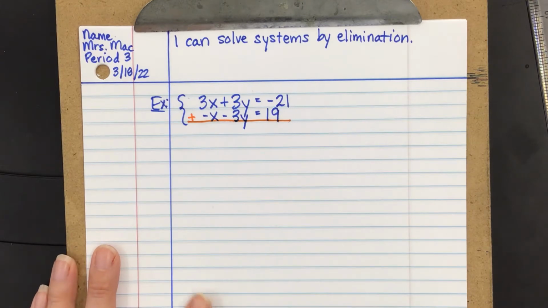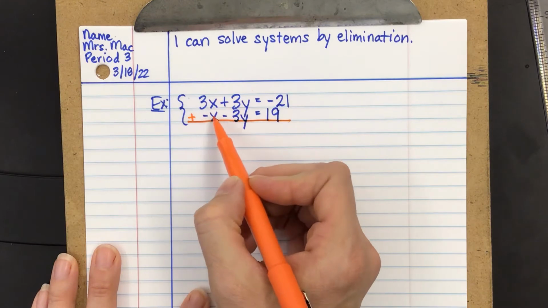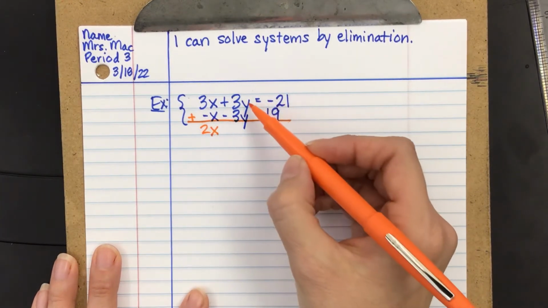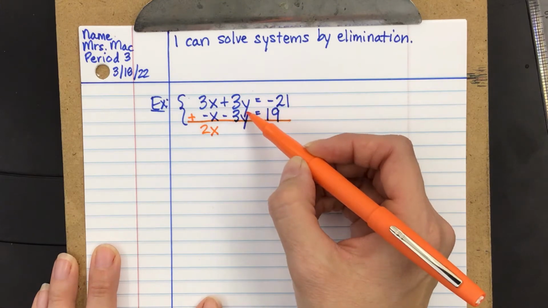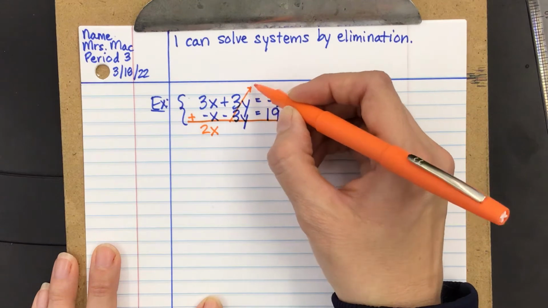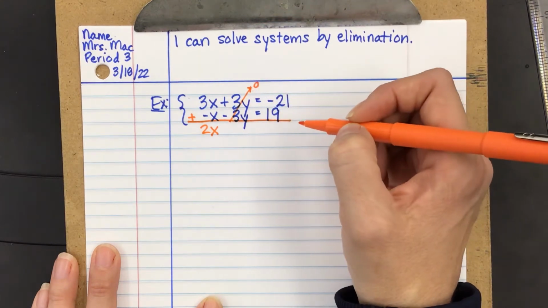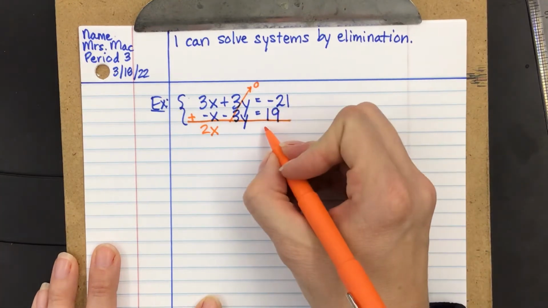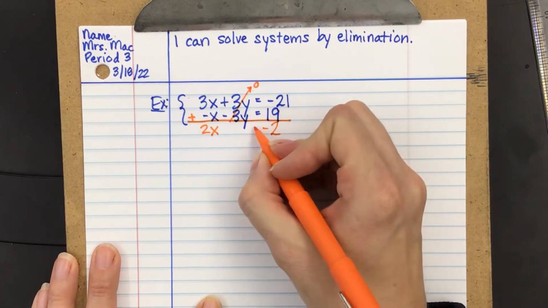So let's see what happens when we add those two equations together. 3x minus x is 2x. 3y minus 3y is just 0, so this has a value of 0. And then negative 21 plus 19 is negative 2.